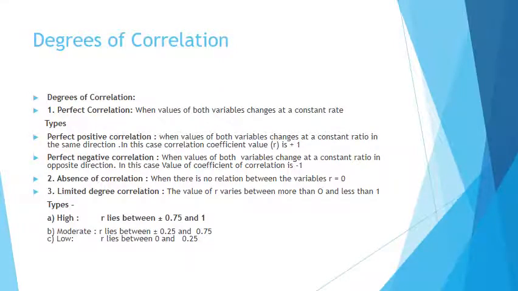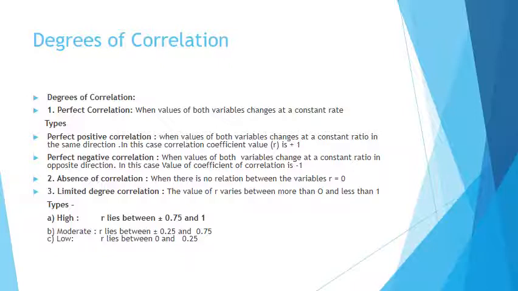Degrees of correlation. Correlation degrees are of following types. First one, perfect correlation. When two variables change in same proportion, it is called perfect correlation. It is of two types. Perfect positive correlation.